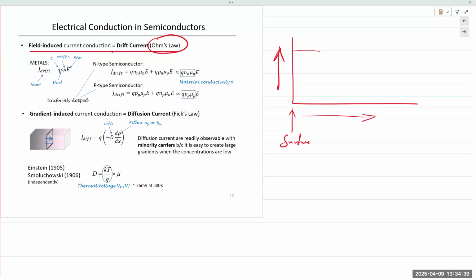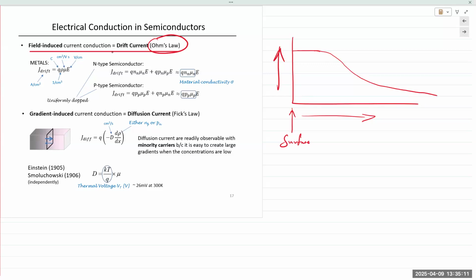So the concentration, and this is exaggerated, would be high closer to the surface, and then it starts to drop off. Once you go to a certain depth, the atoms cannot penetrate beyond it. That's the laws of physics. So drift current is due to an externally applied field. Diffusion is because of the gradient in the actual dopant profile.